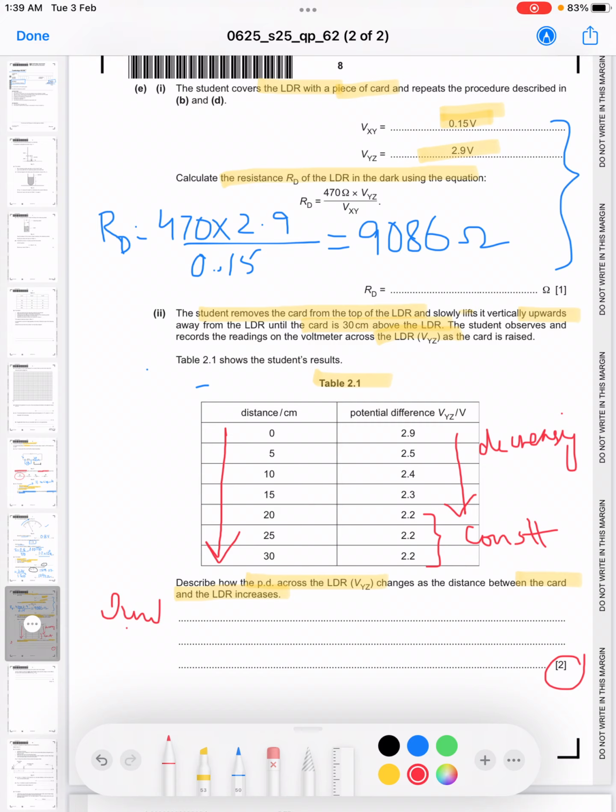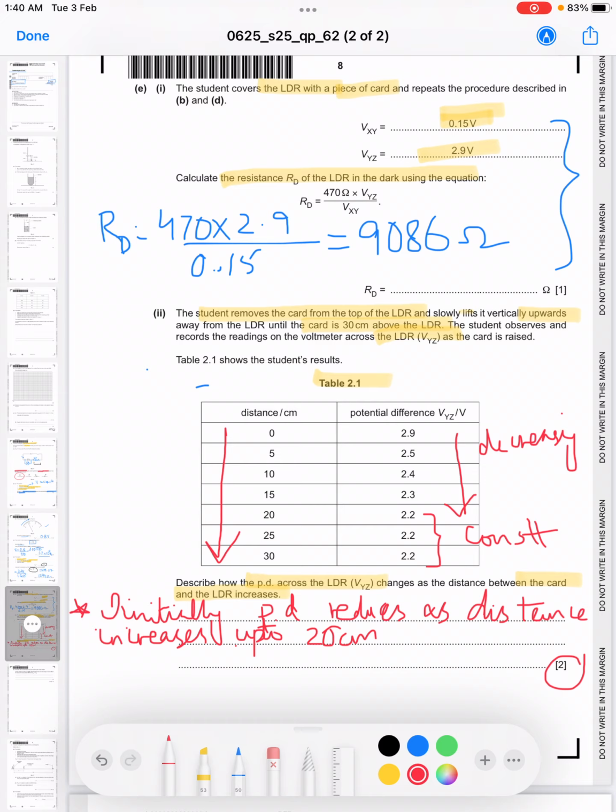Initially potential difference reduces as distance increases up to 20 centimeters.